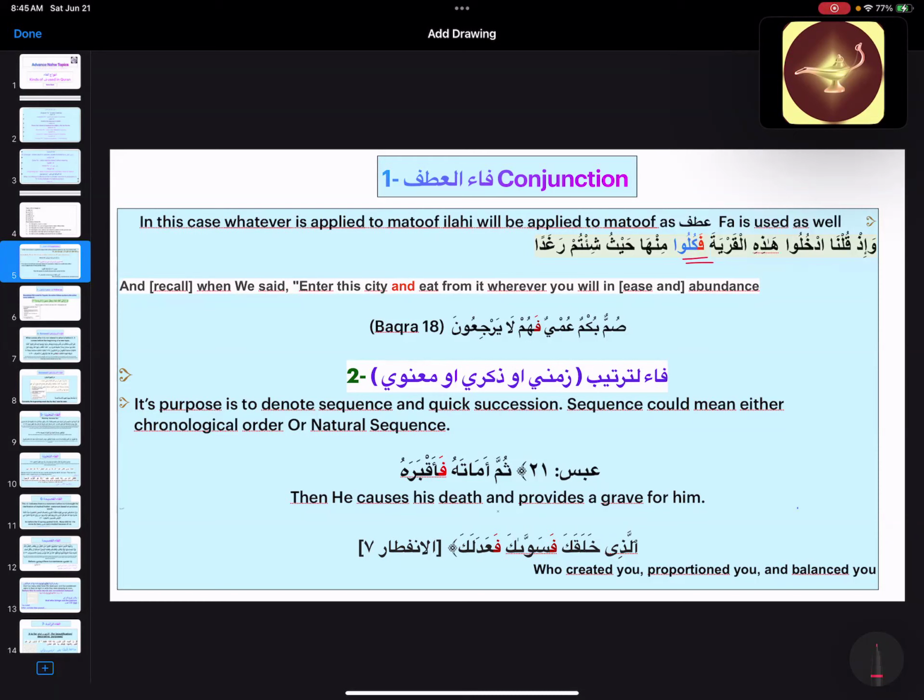We can consult a couple of them, see what most of the Arab books are saying, and go accordingly. So over here, they are saying this is fa ataf. Fakulu minha haysu shitum, and that's why in that translation we see "and", so they are taking it as ataf. Then another example is summum bukmun umyun fahum la yarjiun.